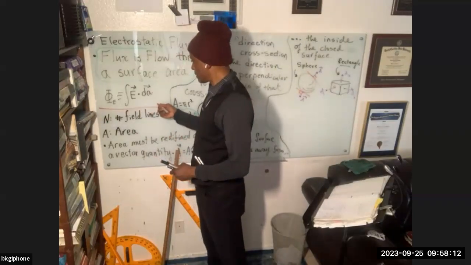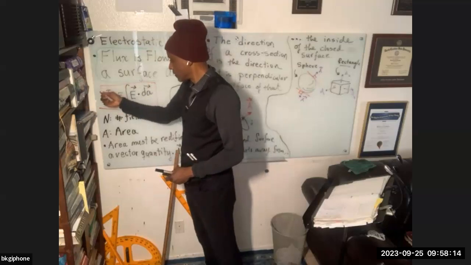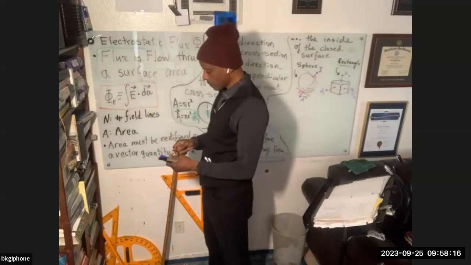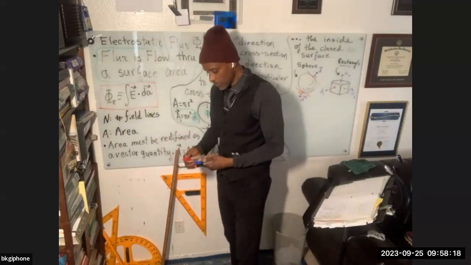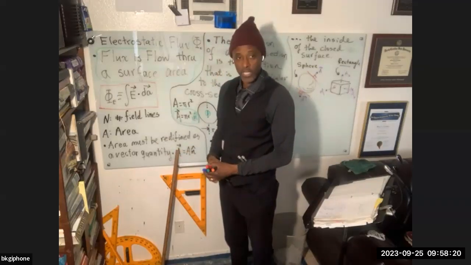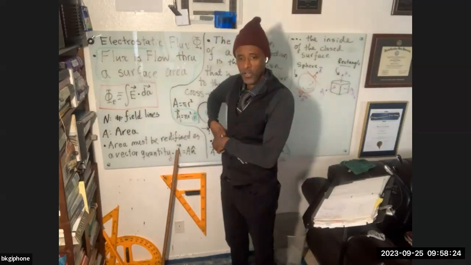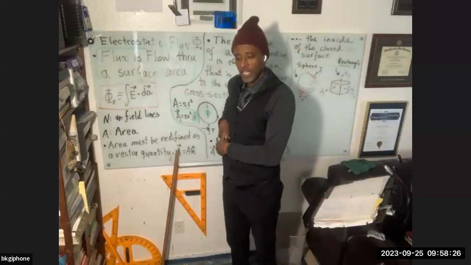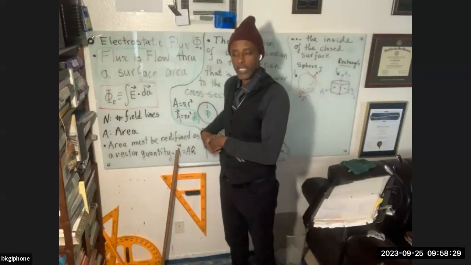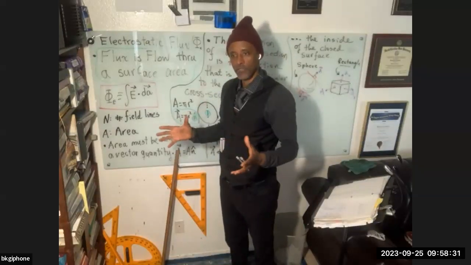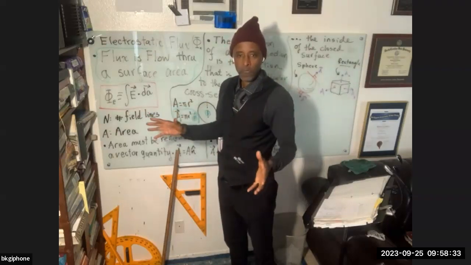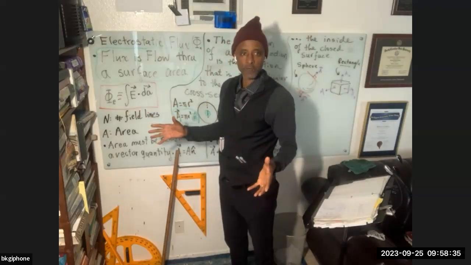This is the definition of flux mathematically. What I'm doing right now is explaining qualitatively what flux is. We started out by talking about the idea that flux is flow. It's the flow of an electric field through essentially a surface.